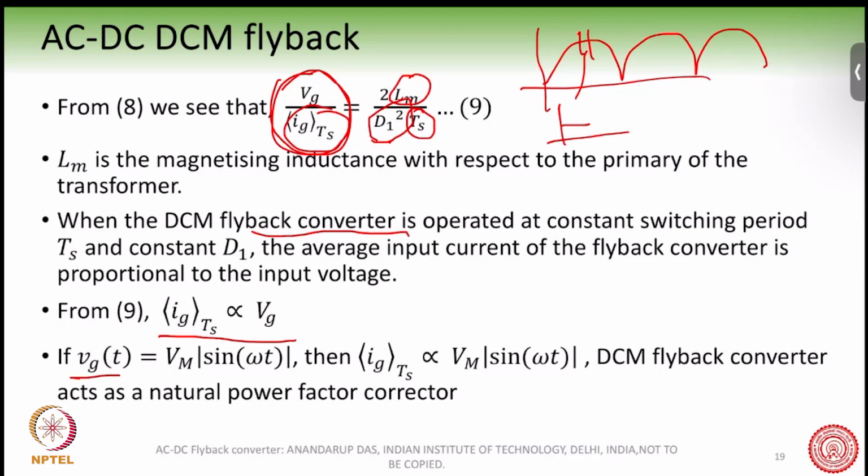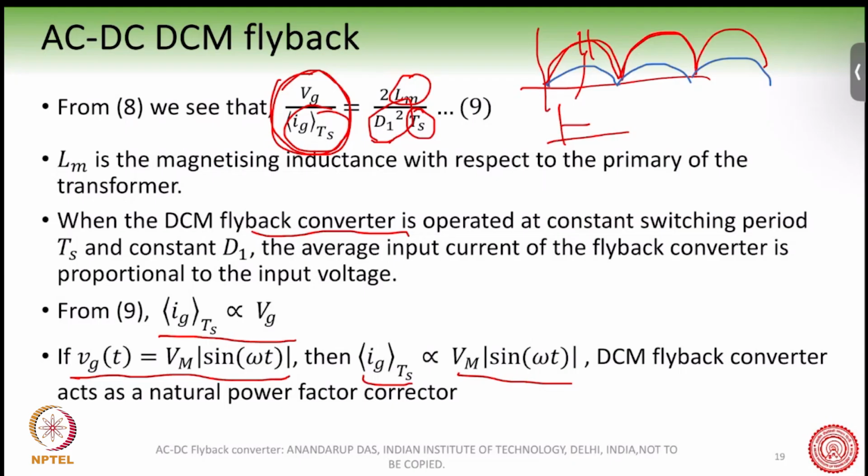So Vg is this waveform, Vm mod sine omega t, and therefore IG will also become exactly like this, with a proportionality factor.